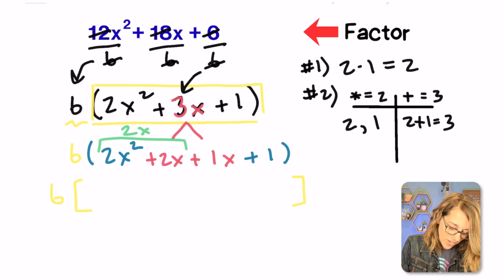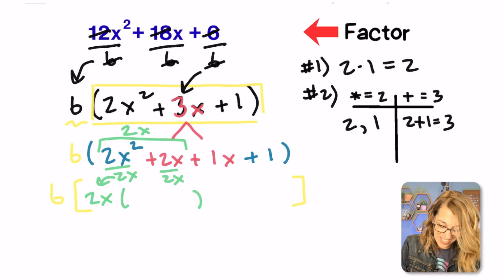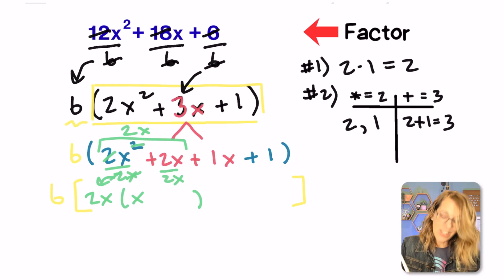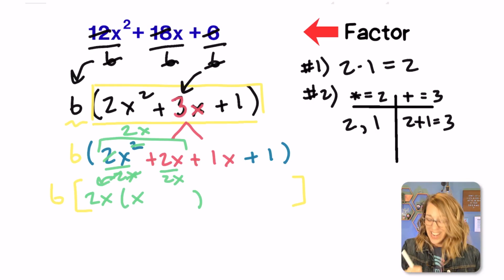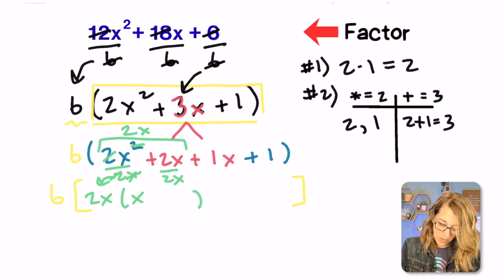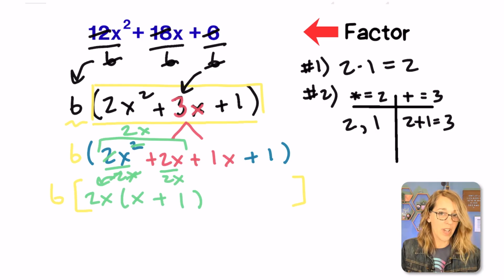Okay, so as I'm factoring out that 2x, I record that out in front, 2x. What I'm left with in the parentheses, the 2 cancels, x squared divided by an x leaves me with a single x. In the next term, I've got 2x divided by 2x, and that gives me a plus 1.